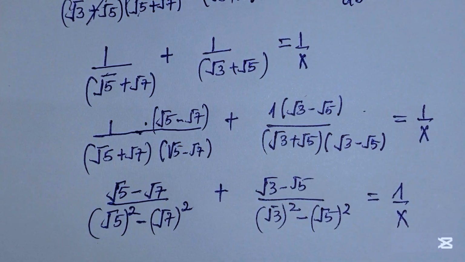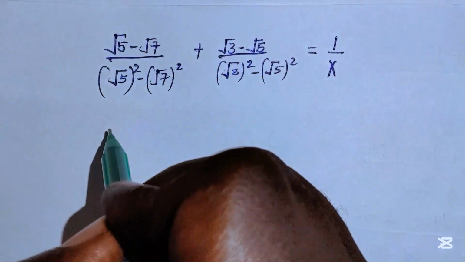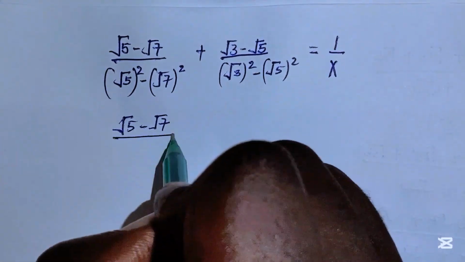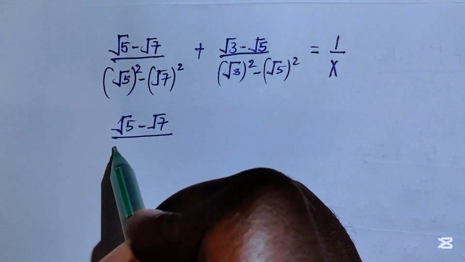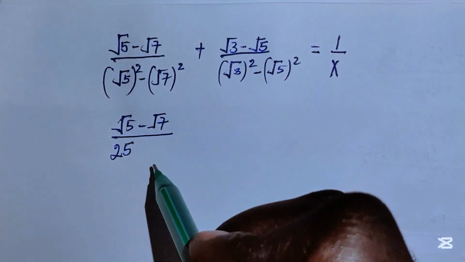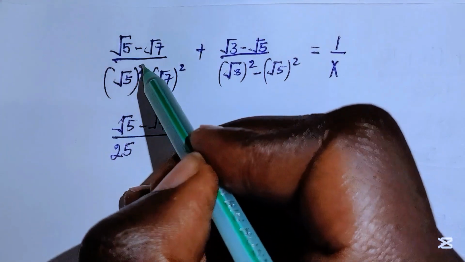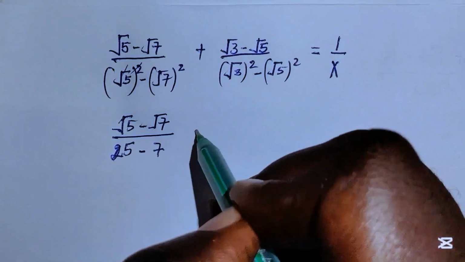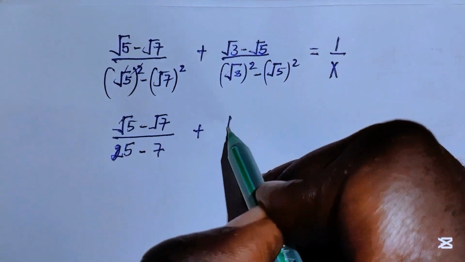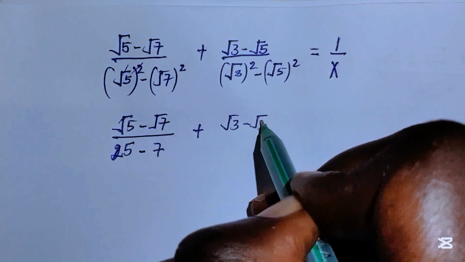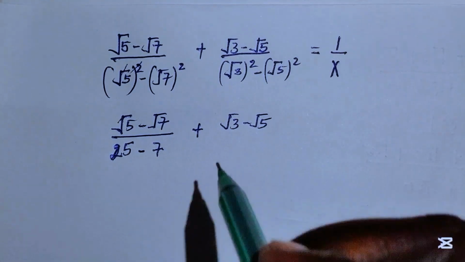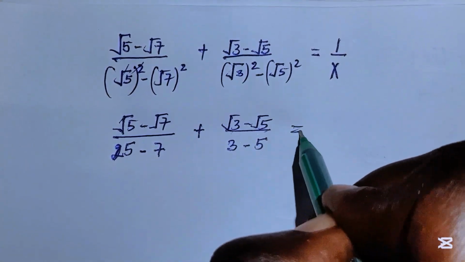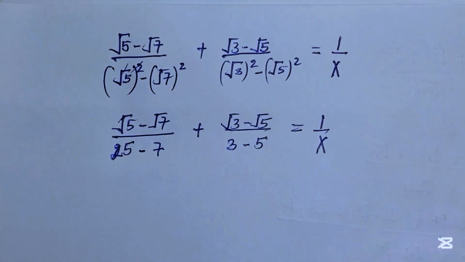Okay, yes, this one will be equal to square root of 5 minus square root of 7 over, this is equal to 25. Okay, so sorry, this and this will go to get 5 minus 7 plus here square root of 3 minus square root of 5, okay, over 3 minus 5, which equals to 1 over x.